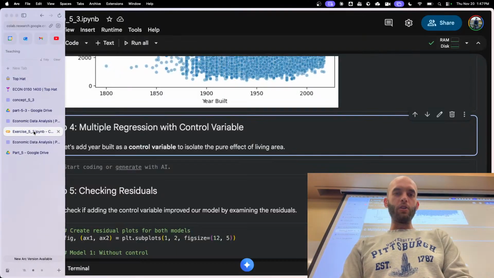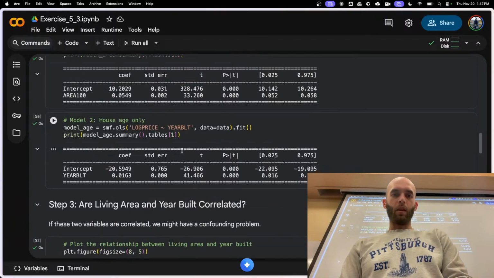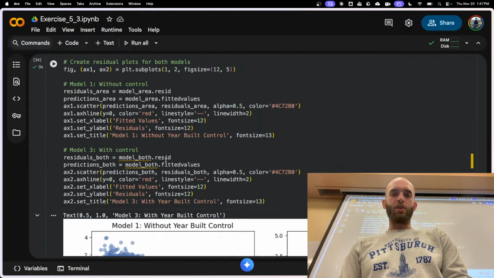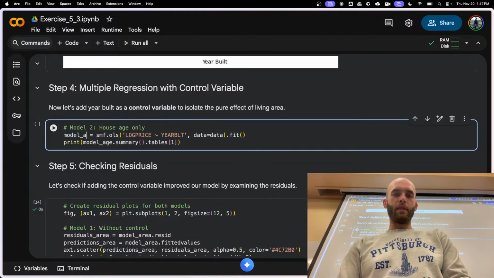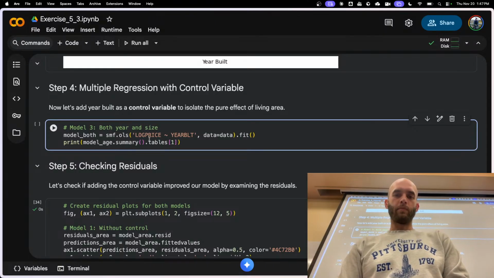The way we can do that is simply by adding to our model. Here I'm going to call this model both. This will be model 3. This is both year and size.